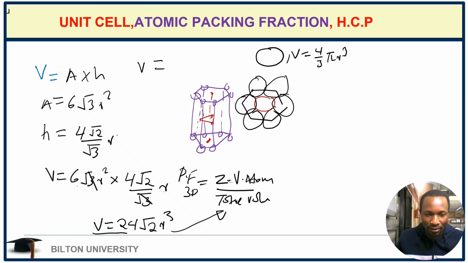Now, I want you to be careful here. Let's take the upper part of this H.C.P. If we put our focus on these corner atoms, just like we saw, there's a neighboring unit cell. So how many unit cells are there? 1, 2, and this one 3.